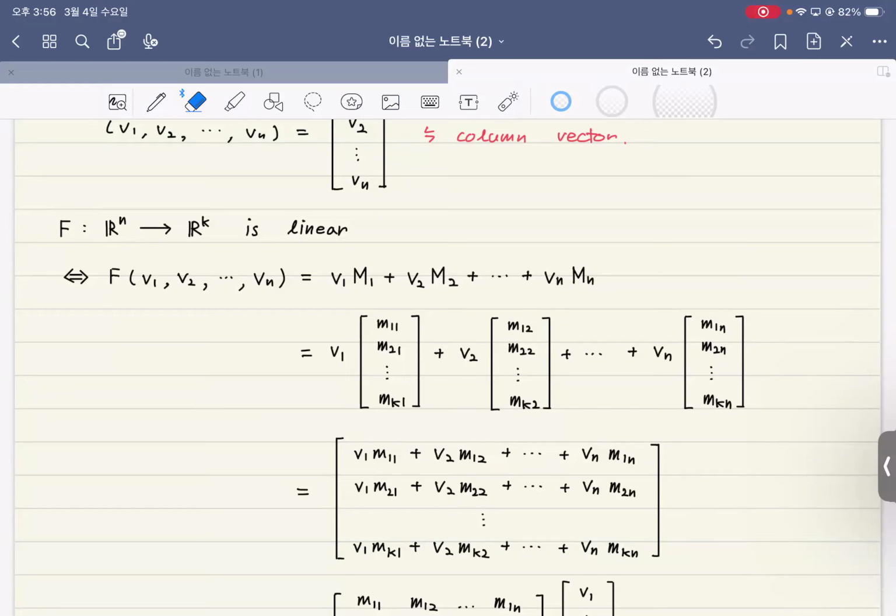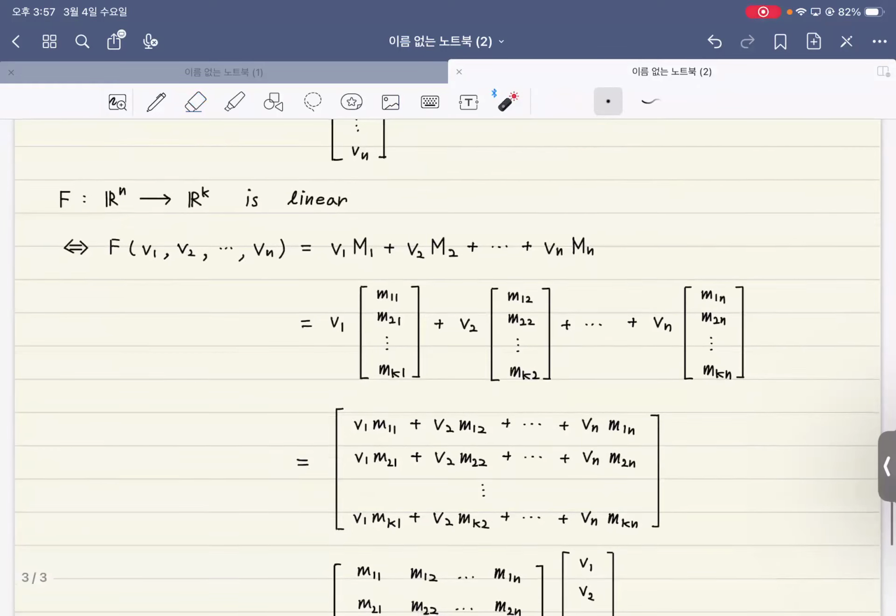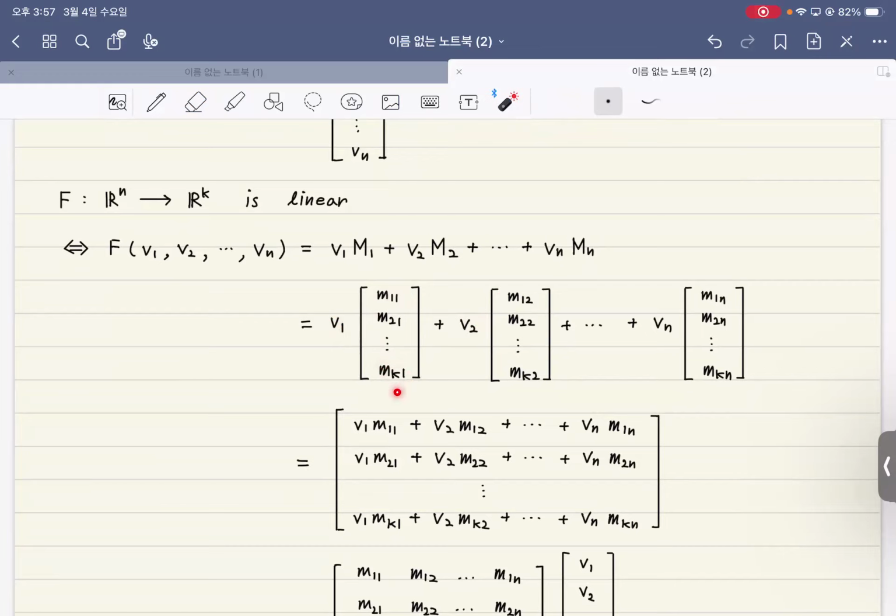So in terms of the matrix, I can write the function value of f at v like that. Okay, great. Now these vectors are multiplied by these numbers. So v1 times m11, v1 times m21, v1 times mk1, and so on, like this.